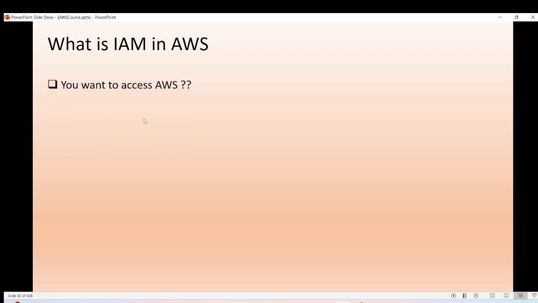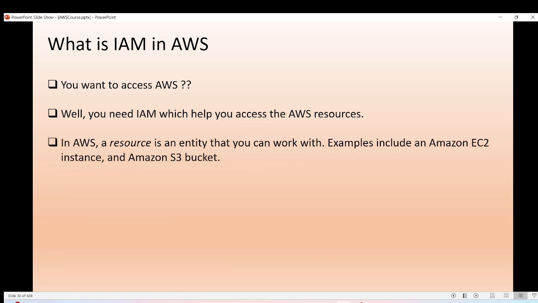Now, what is IAM in AWS? You want to access AWS. Now, you will need IAM, which helps you access the AWS resources. There are a number of AWS resources possible, for example, your EC2, your S3, your Lambda. In AWS, a resource is an entity that you can work with. Examples include an Amazon EC2 instance and an Amazon S3 bucket.